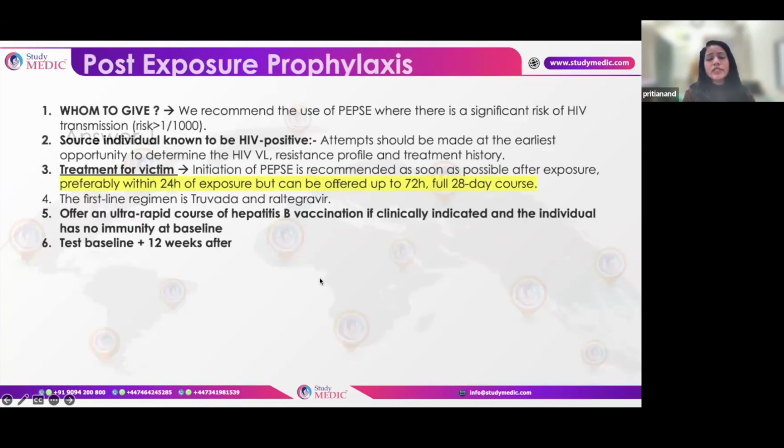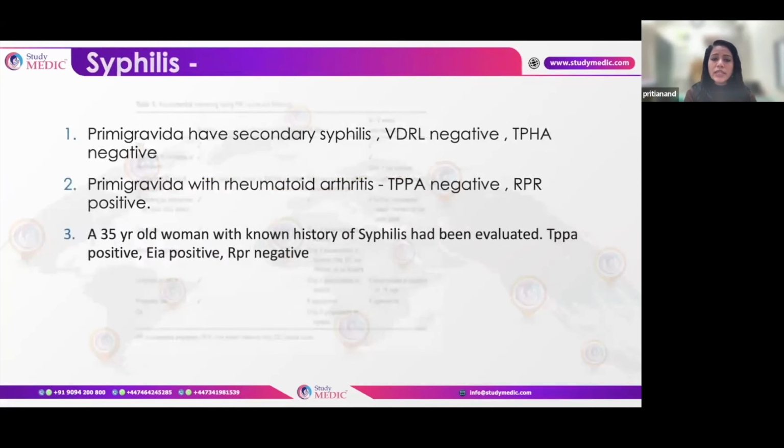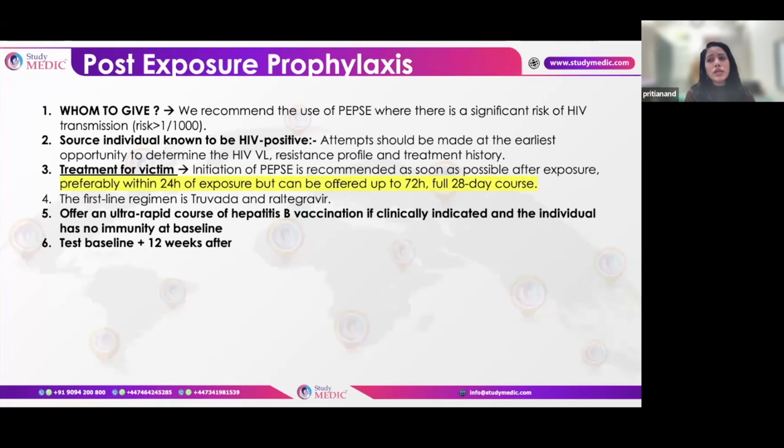In that case, please remember, if anybody gets an injury from somebody with known HIV, or unknown HIV but carrying a risk of HIV, and the risk of transmission is more than 1 in 1,000, then as soon as possible the person who got the injury should be treated with post-exposure prophylaxis, started within 24 hours, can be offered up to 72 hours, and a full course of 28 days should be given. And usually, what is the combination of drugs?